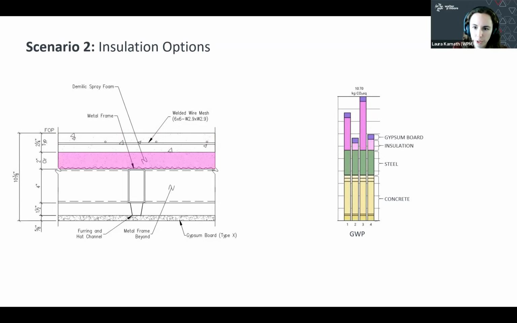Insulation is a really big one, especially with spray foam. There are two different categories of blowing agents you can use with spray foam, HFCs and HFOs. The older HFC blowing agents have a really high global warming potential. And so you can see in my graph here, option 1 and option 3 are both HFC blowing agents, and option 2 and 4 are both HFO blowing agents.